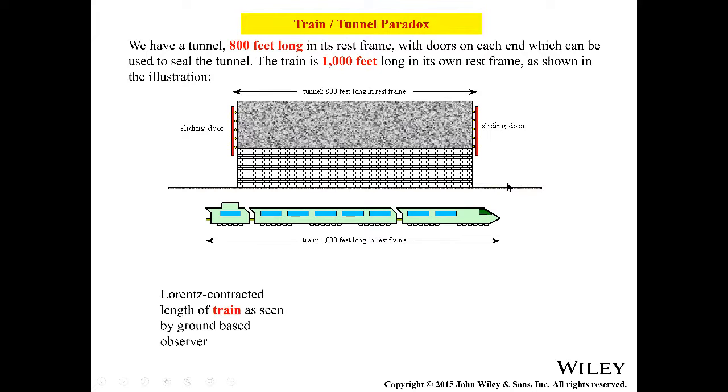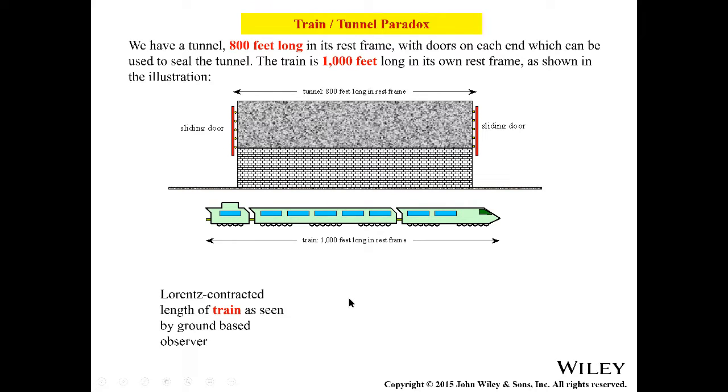So what is the Lorentz contracted length as measured by the guy on the ground? I'm on the ground and you are a train that is like a spaceship, and you are yourself 1,000 feet, but you are rushing.